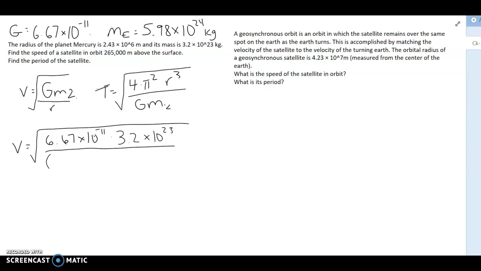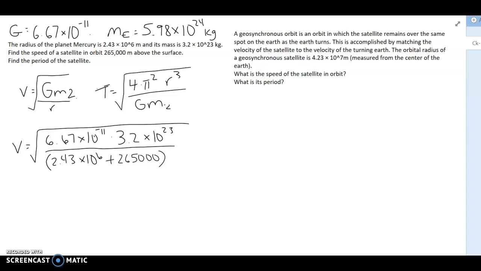R here is going to be the radius of the planet, 2.43 times 10 to the 6th meters, and the orbit, which is from the surface of the planet to where the satellite is, 265,000 meters.